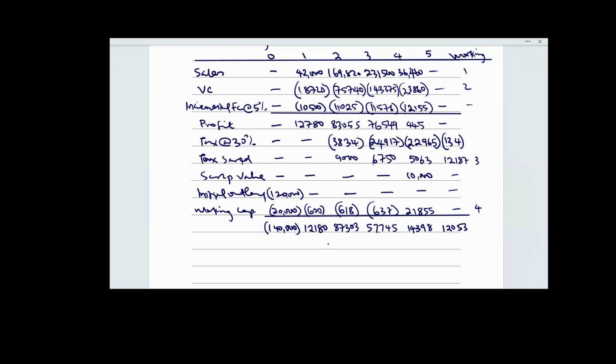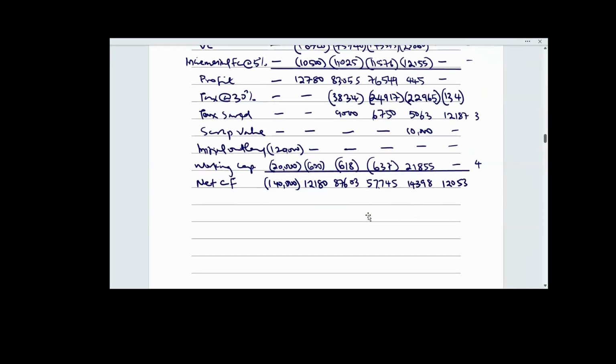Okay. So this represents the net cash flow. With this net cash flow, you can calculate NPV, IRR, payback period. 87,603, not 303. So you can use any techniques to evaluate the project apart from the accounting rate of return.